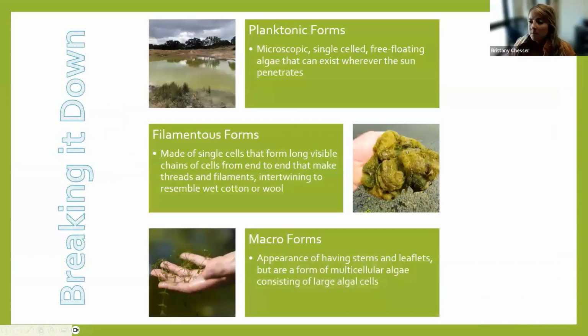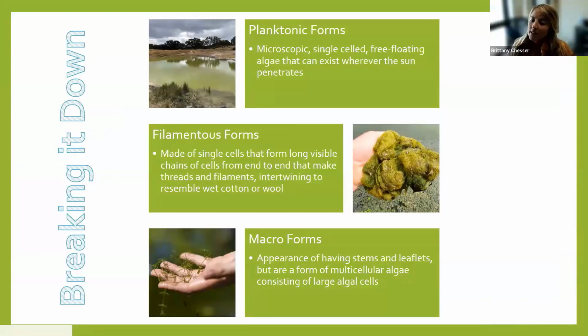Because there are so many species with various characteristics, we can further break them down into 3 different categories. We have our planktonic algae, which are microscopic, single-celled, free-floating algae that exist virtually wherever the sun penetrates.